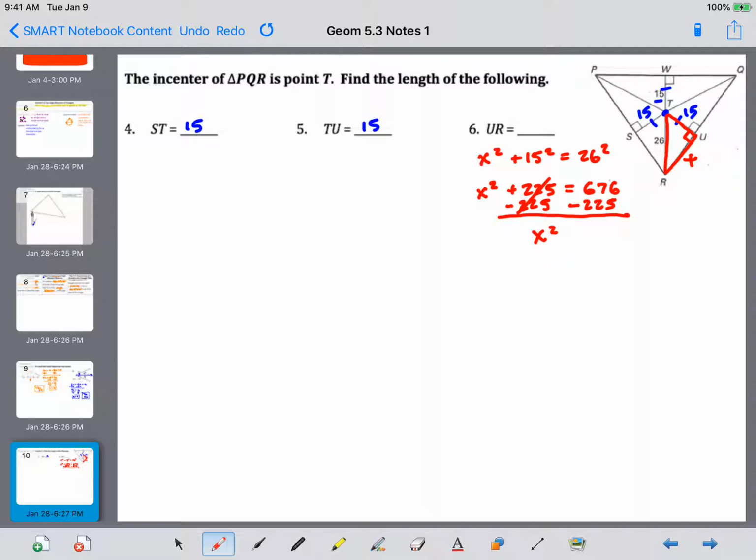We end up with x squared equals, let's see, that'd be 451. So then to get x by itself, we square root both sides, and we will not get a nice number when we do that. If you take the square root of 451, it looks like we end up with about 21.2. All right, so that one was a little more work, but using that Pythagorean theorem, we could figure it out.